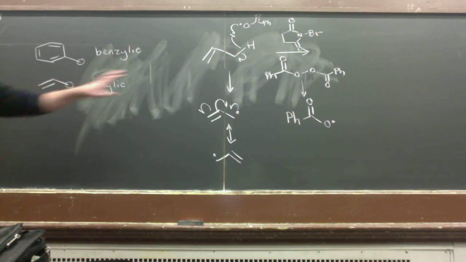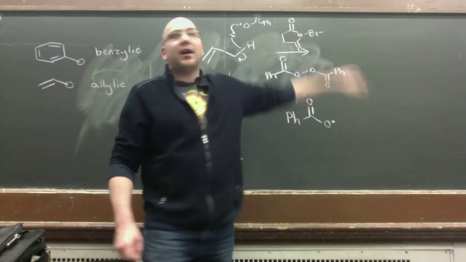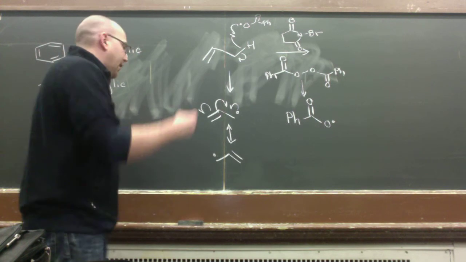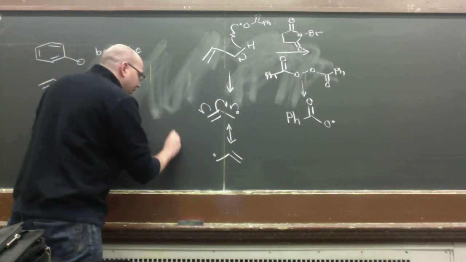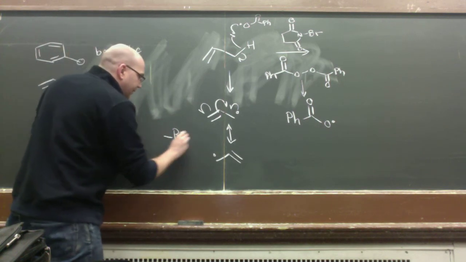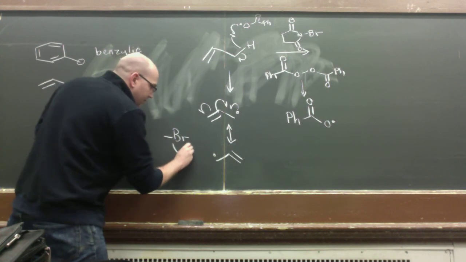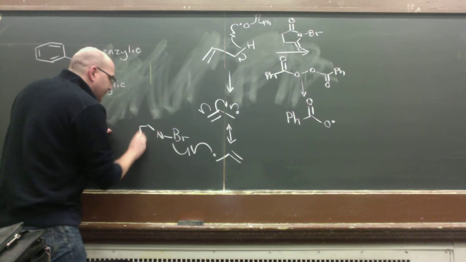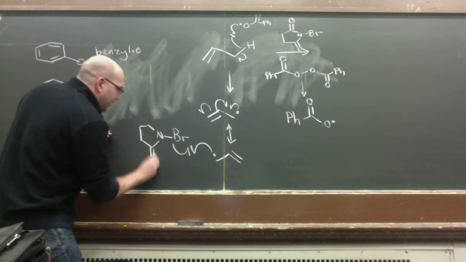In the case of NBS, you now have a molecule that it can in principle react with. How this takes place at this point, you can just imagine. There could be other mechanisms you could draw, but at least this will hopefully make sense to you guys.